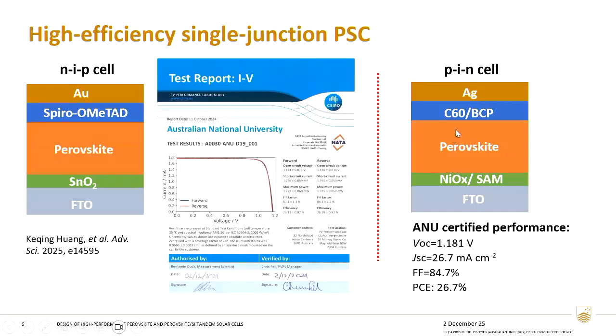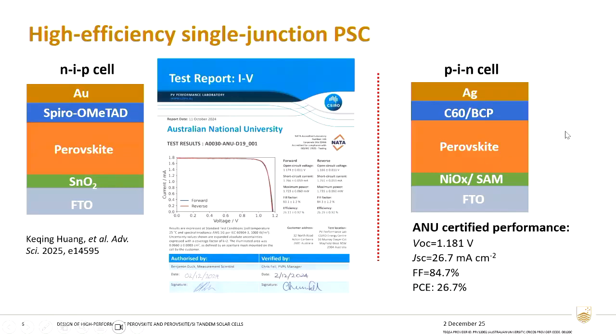To finish the cell structure, we have carbon-60 and BCP, again organic materials, to allow low temperature processing on top of the perovskite without damaging the material, because the perovskite is relatively sensitive to temperature. With that, we also achieved, for example by using some new SAM material, 26.7% efficiency.